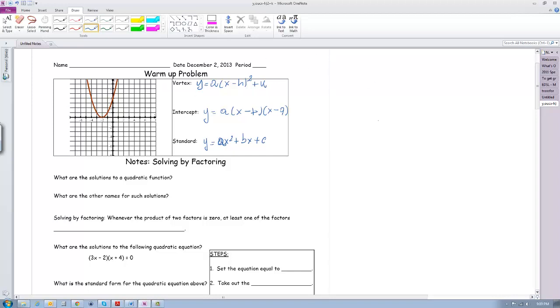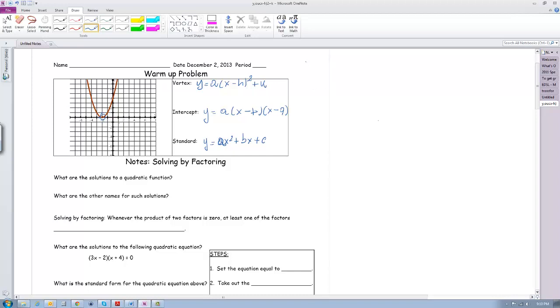So let's start with the vertex form. As we said, h and k are the coordinates of the vertex of the parabola, the x and the y. In this case, the x is minus 2 and the y is 0. That's where the vertex is located. This is our vertex right here, and the coordinates of the vertex are minus 2, 0.